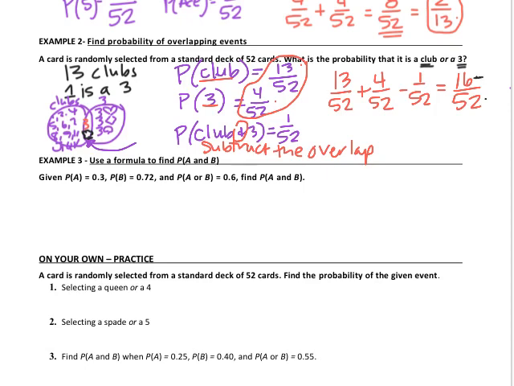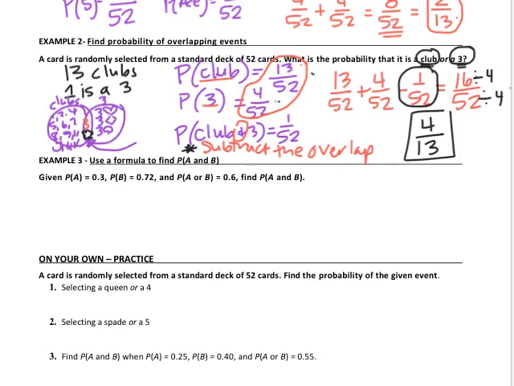So if I divide this by 4 and divide this by 4, I'm going to reduce my fraction to 4 over 13. Okay, so the important idea of this example is that we understand what an overlap is, and that we need to subtract the overlap after we figure out the individual probabilities of both of these events, drawing a club and the probability of drawing a 3.